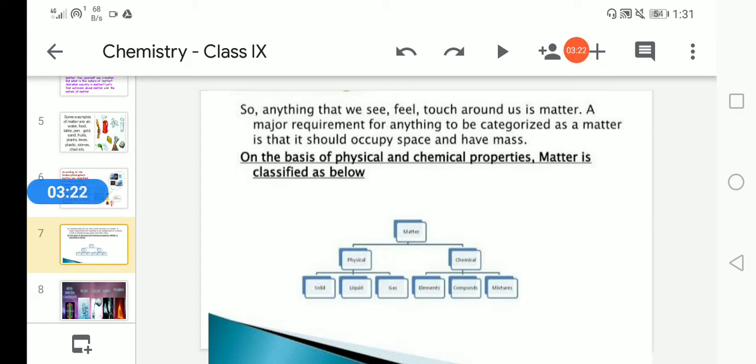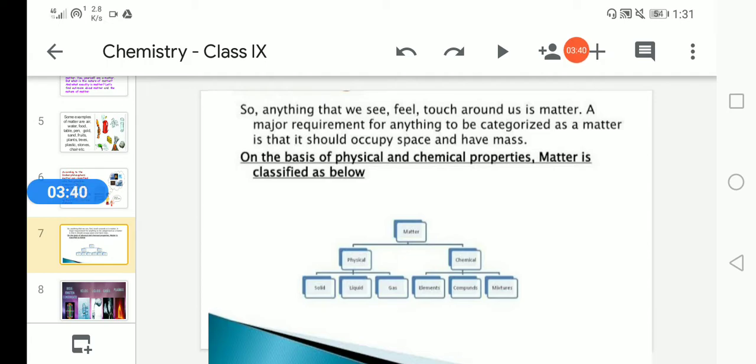On the basis of physical and chemical properties, matter is classified. The first category of classification is based on the physical properties, that is solid state, liquid state, and gaseous state.